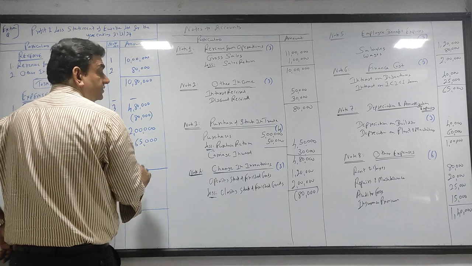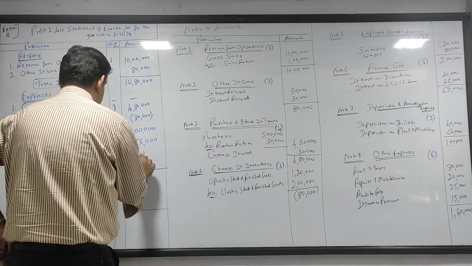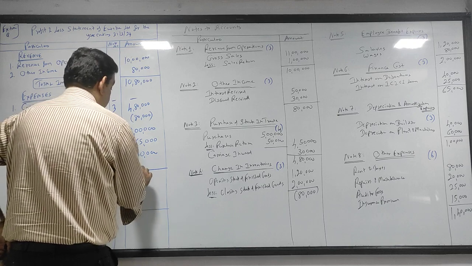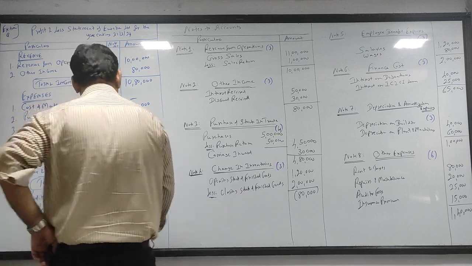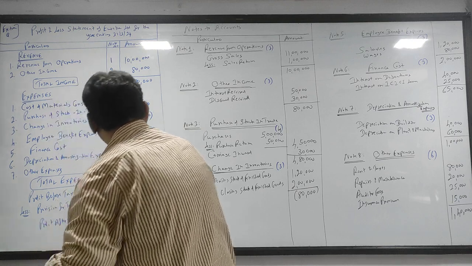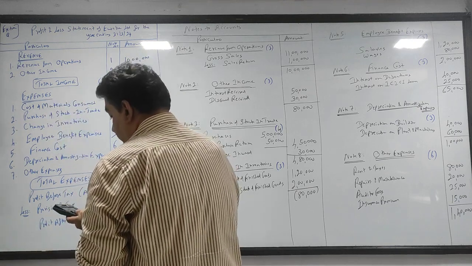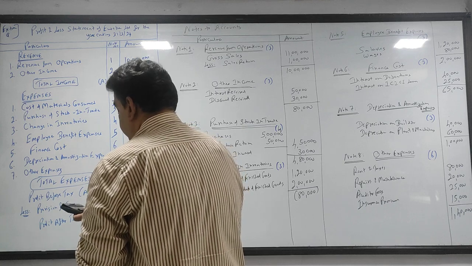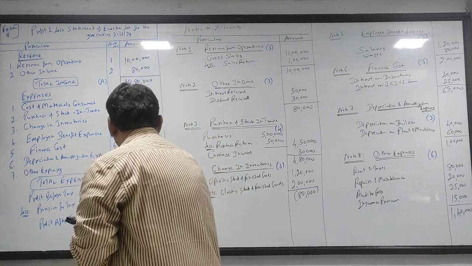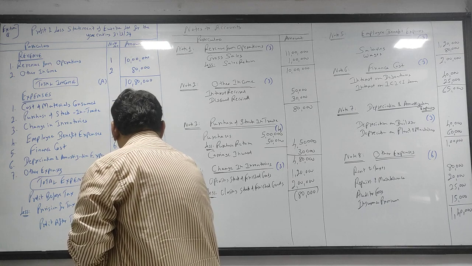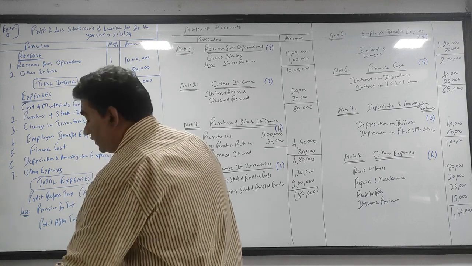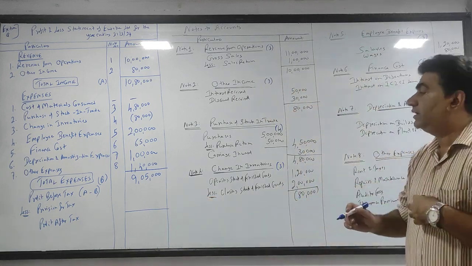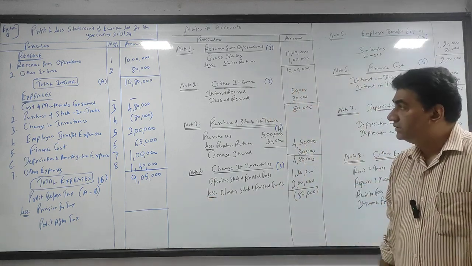Depreciation, note 7, that is 1 lakh, and other expenses, note 8, 1 lakh 40,000. Take the total: 4 lakh plus 265 plus 240 gives you 9 lakh 5,000. Okay, so my total expenses are 9 lakh 5,000.